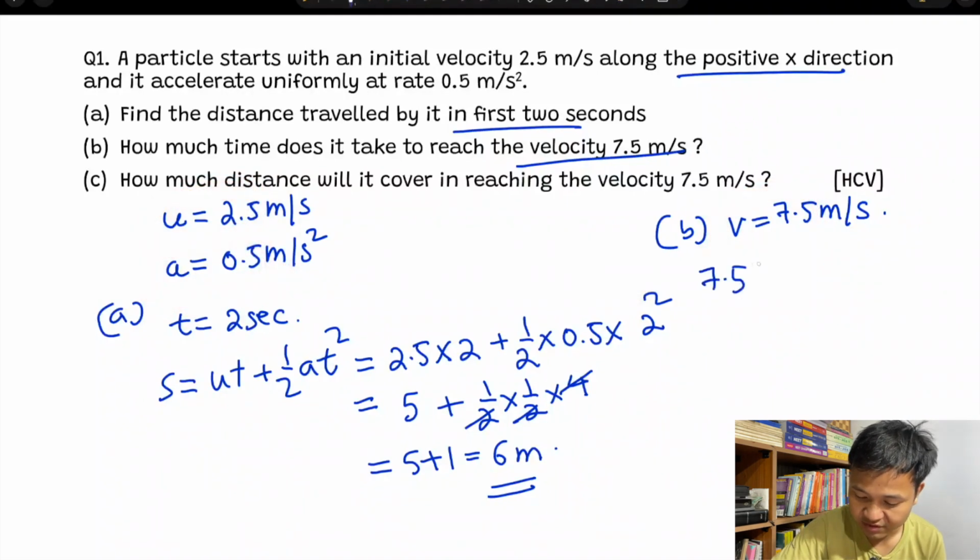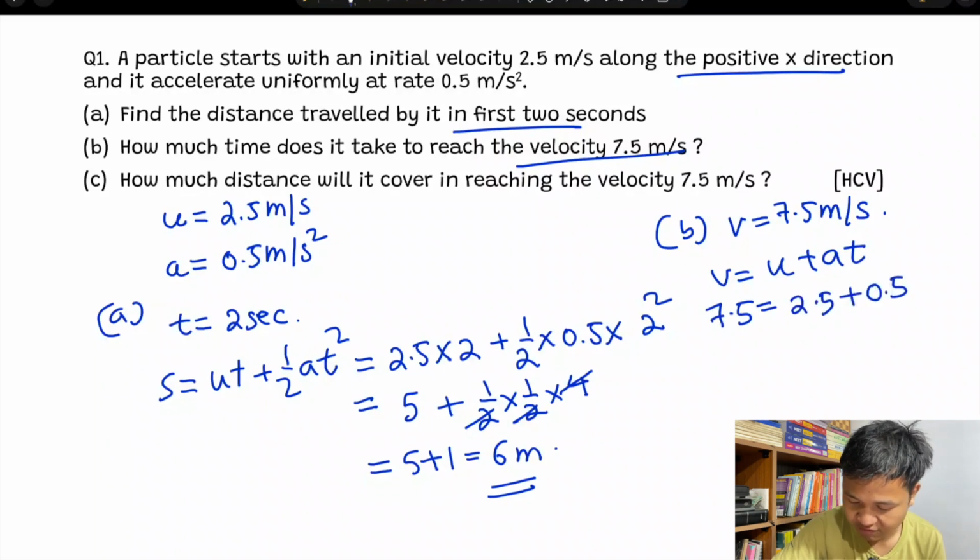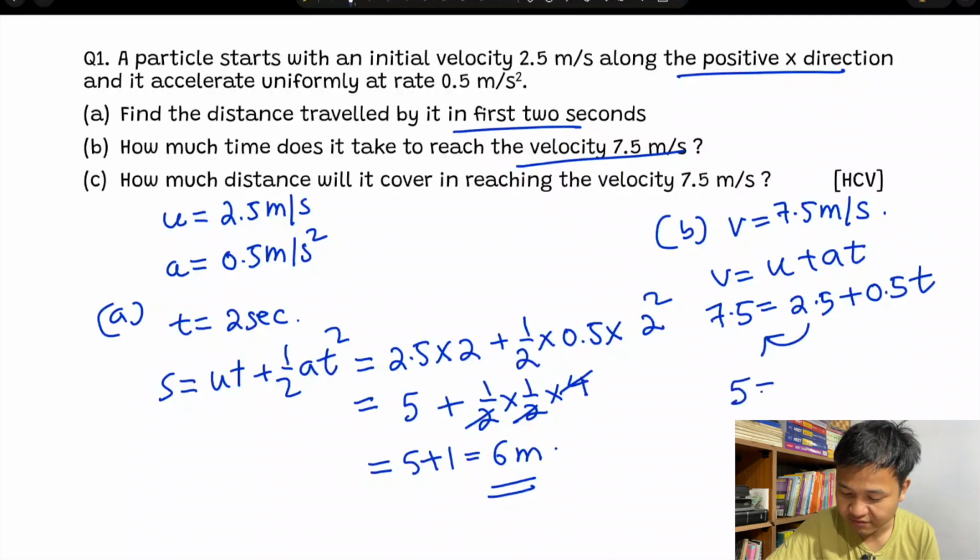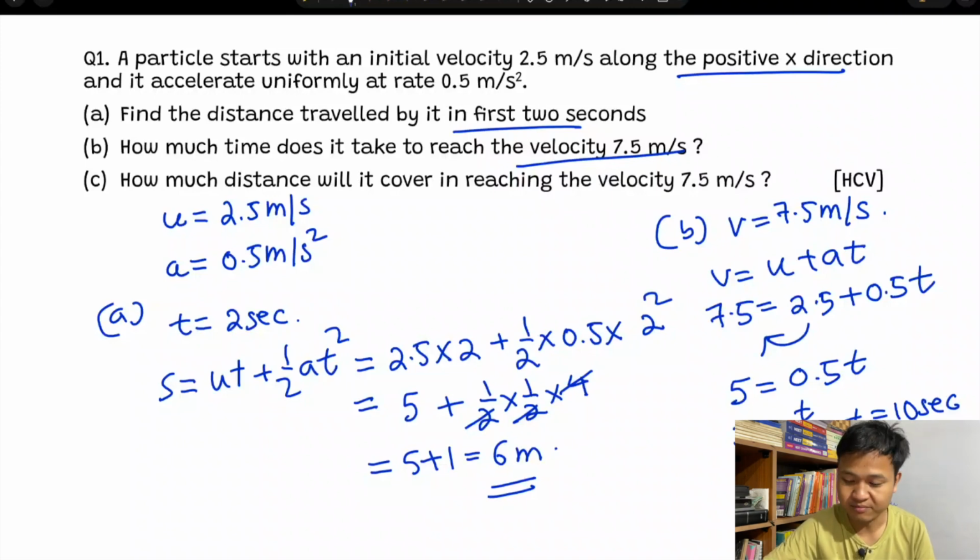So 7.5 is equal to 2.5 plus 0.5 into t. So 2.5 goes here, you'll have 7.5 minus 2.5, so 5, equals 0.5 into t. 0.5 is 1 by 2. So 5 is equal to t by 2. So 2 goes here, so t is equal to 10 seconds. So it will take 10 seconds to reach 7.5 meter per second.